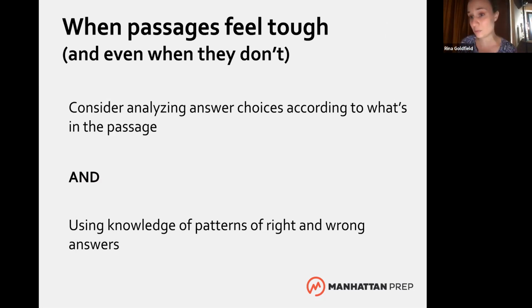Recognizing these patterns can help you separate out some tempting wrong answers, and it can help you make really strategic guesses in those moments when you're really stumped by a passage. Well, let me draw on what I know about the kinds of questions that GRE likes to ask.